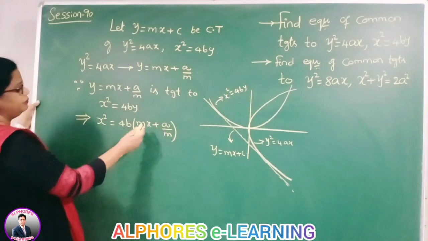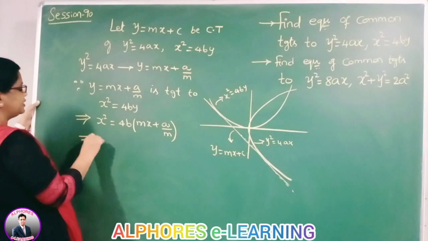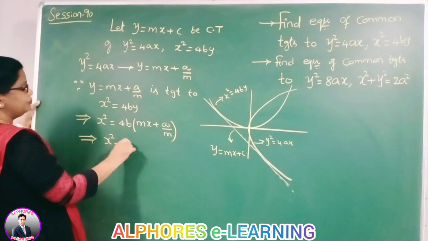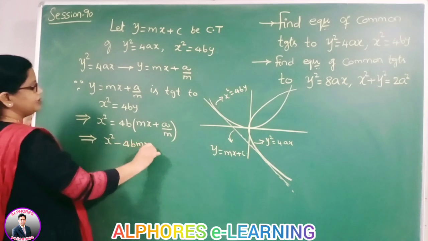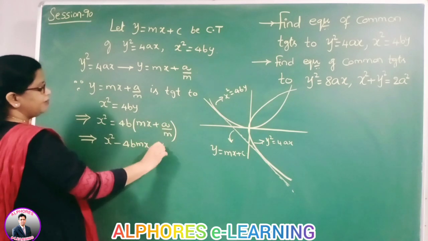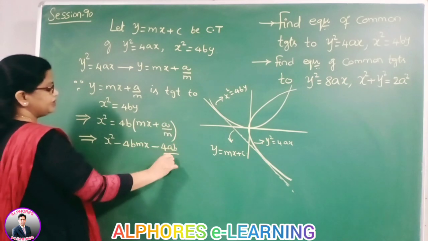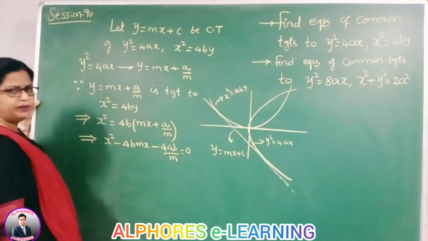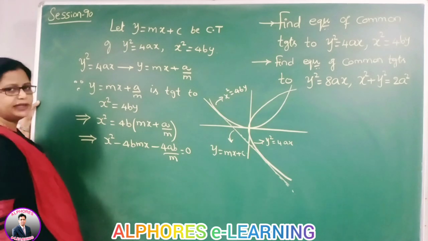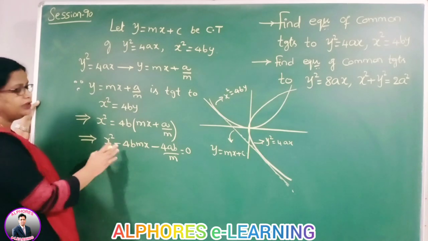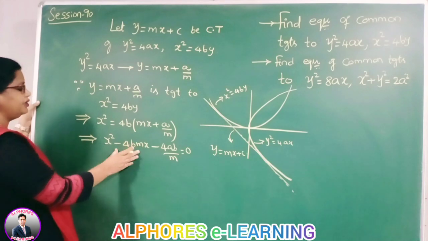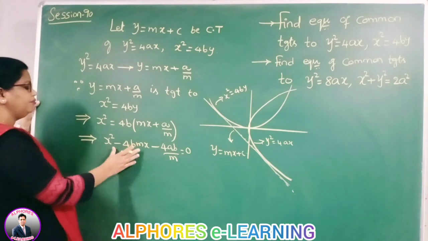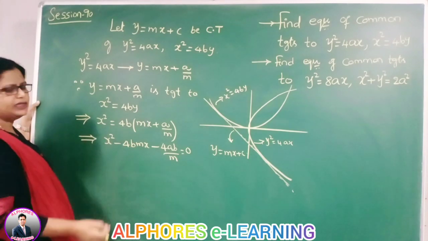Now if I take all the values on one side, x square minus 4bmx minus 4ab divided by m equals 0. Students, again we are using the tangent condition. Whenever you apply the tangent condition, immediately we take discriminant as 0.